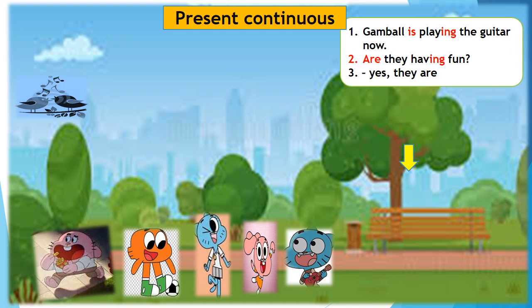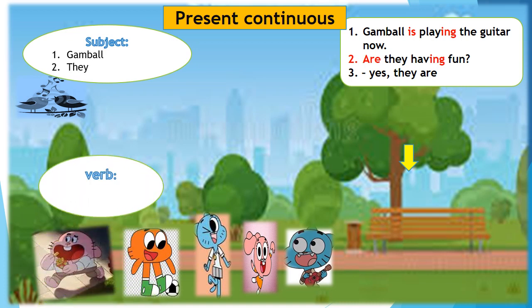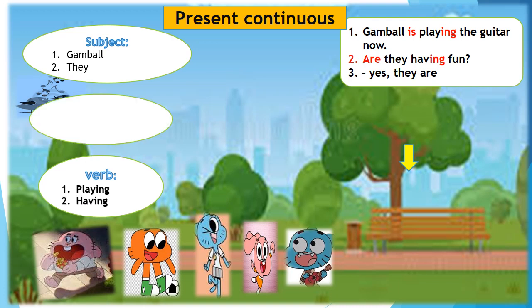Another examples from the text. Number 1, Gumball is playing the guitar. Number 2, are they having fun? Yes, they are. Again, where is the subject in number 1? Gumball. Number 2, they. The verbs, playing, having. Auxiliary verb is, are.